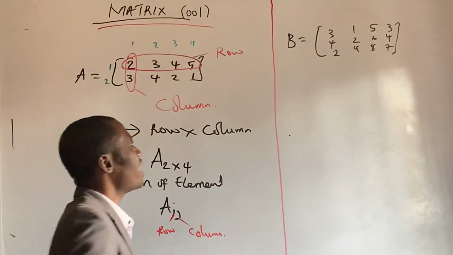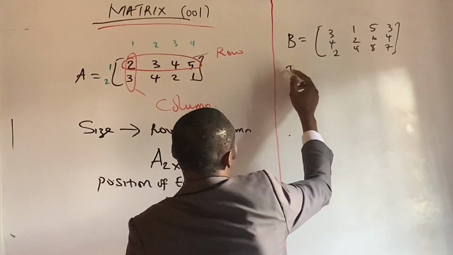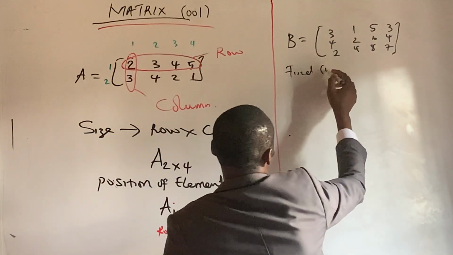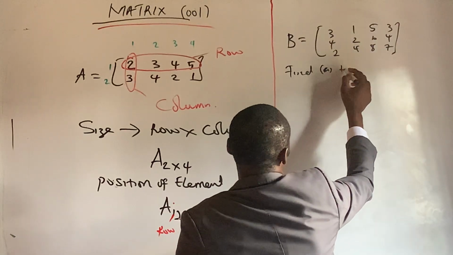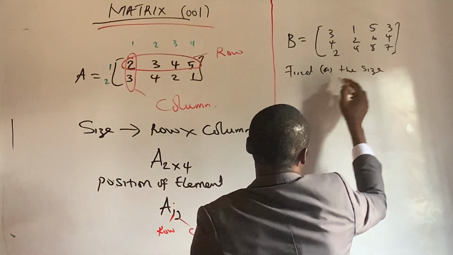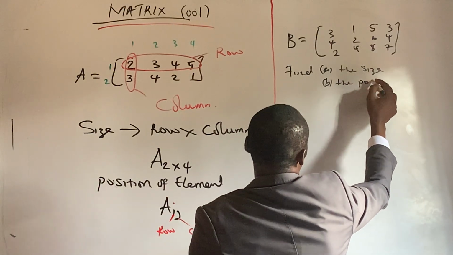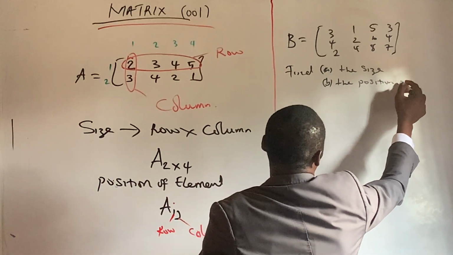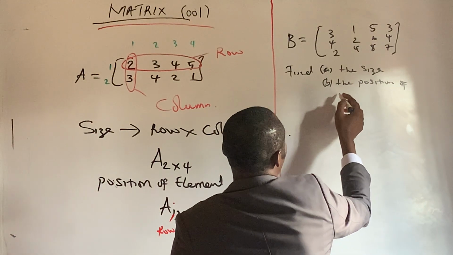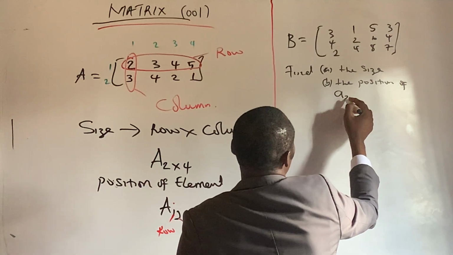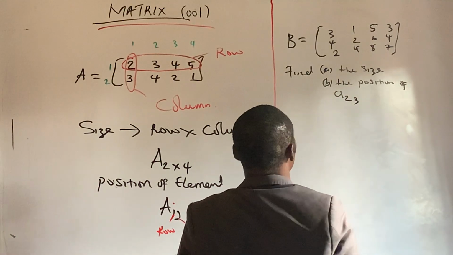And you are asked to find A, the size of the matrix, and then find B, the position of A23.